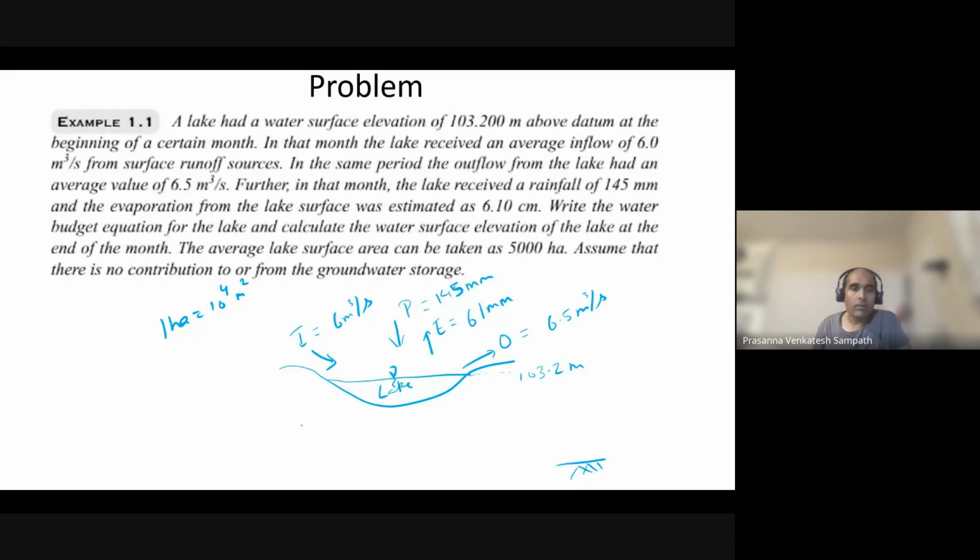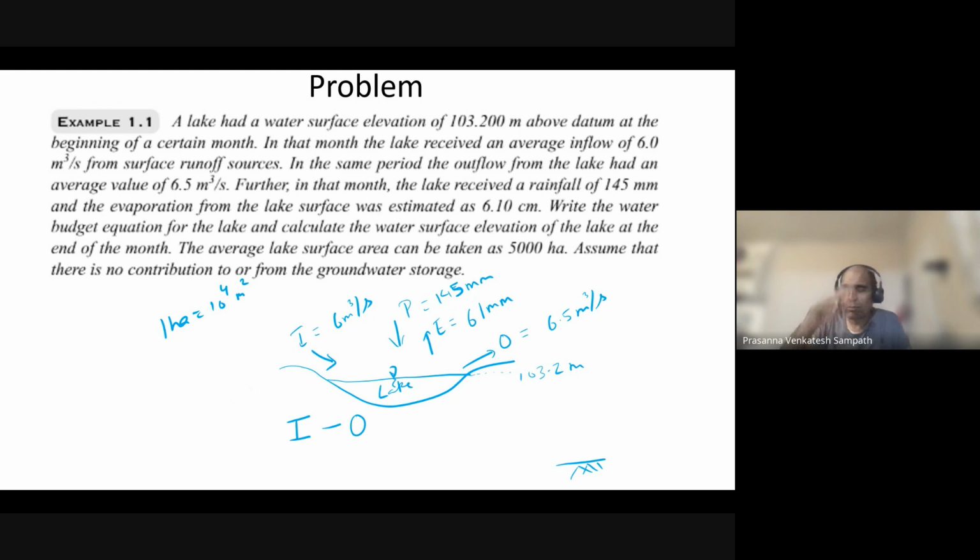So the typical way of writing a water budget equation is to say inflow minus outflow. When I say that, I mean all the inflows.